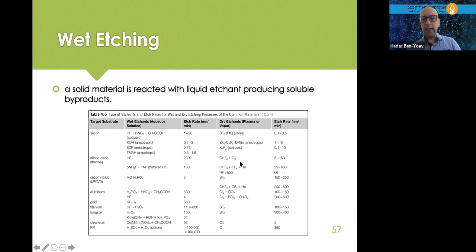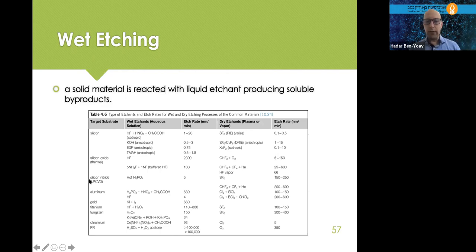Or we can put the silicon oxide in the presence of plasma vapors of CHF3 and oxygen, which will also cause etching, just without the solution. So it's a dry etchant with this kind of rate.